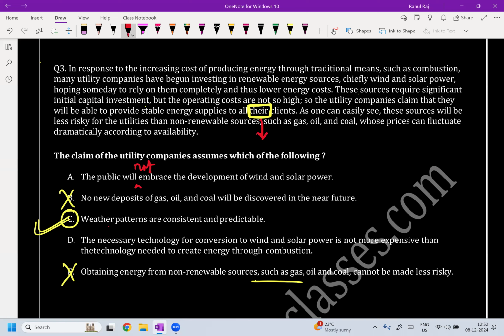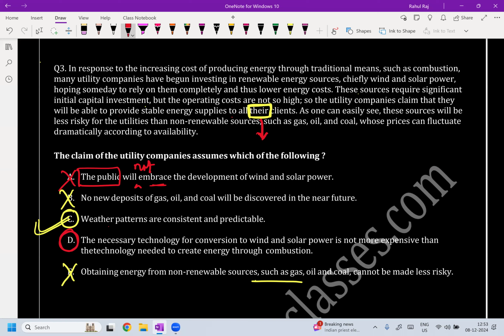Doesn't matter at all. I'm here to provide a stable source of energy to my clients. I'm not bothered whether you are embracing my development or not. Public embracement and disembracement doesn't make any sense with respect to the utility company's conclusion, because the conclusion very clearly says they are here to provide a stable source of energy to their clients. So this is gone. Am I right? Now tell me, why is D wrong? Atharv, answer.